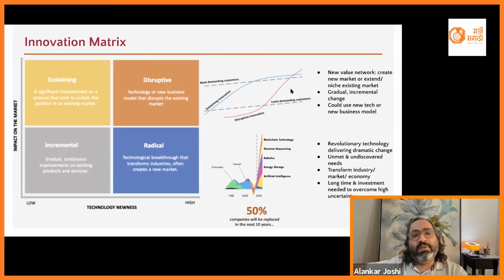So if we build this kind of a matrix, you get a 2x2, which is actually quite self-descriptive. Obviously, those innovations that are incremental in nature, where the impact is quite low and you're not using any completely new technology, are the kind of improvements that you might see in traditional businesses: continuous improvement, or total quality management, Kanban.